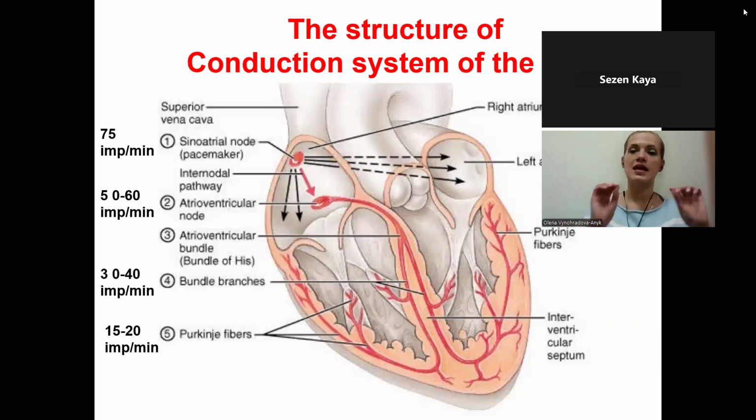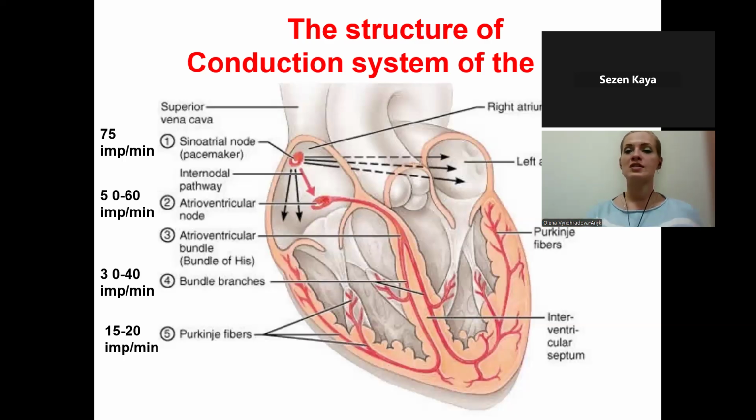I say that every person, plus or minus, has nearly 75 impulses per minute created by the sinoatrial node. But if we calculate our pulse, the frequency of heart beating, we will have different heart rates, of course. Why? If we compare our heart beating at rest and during physical exercise, it also will be different.